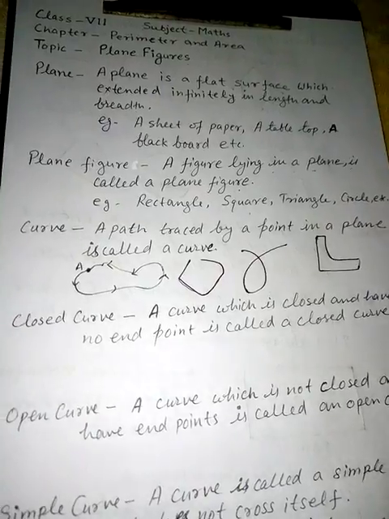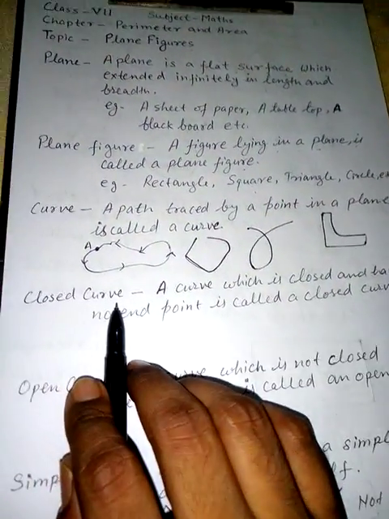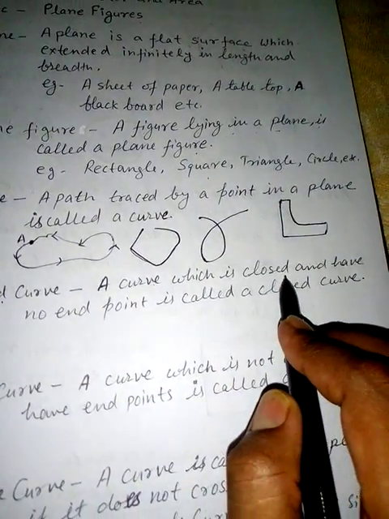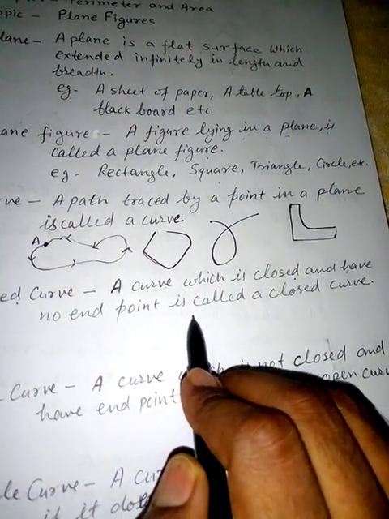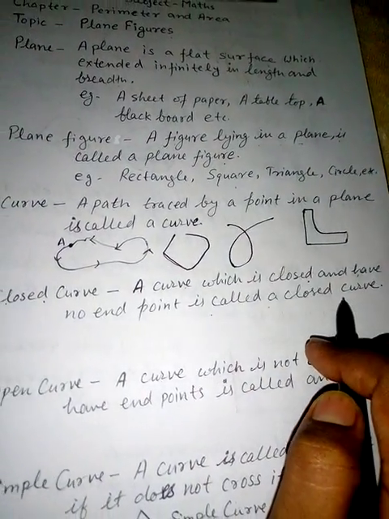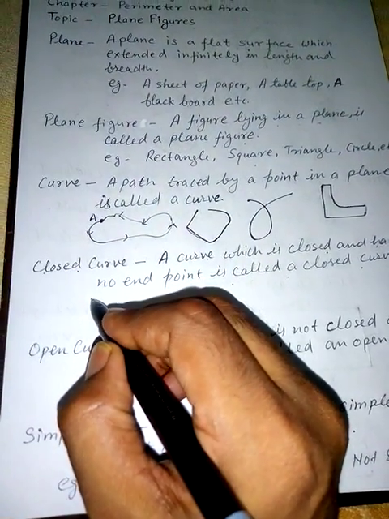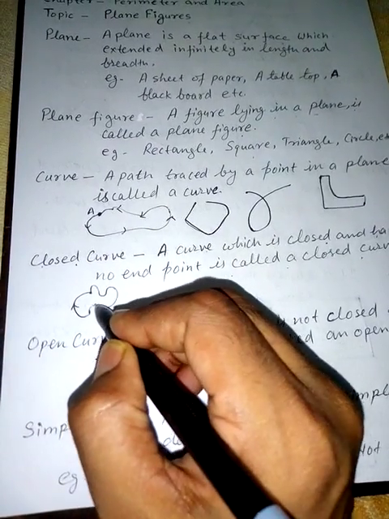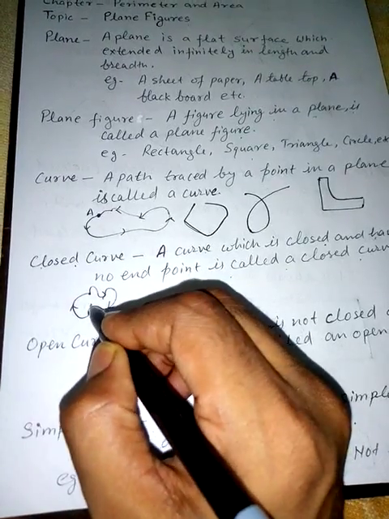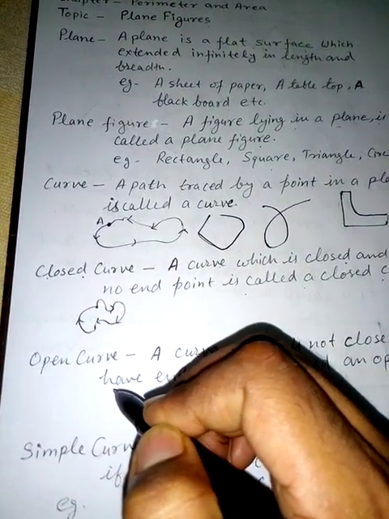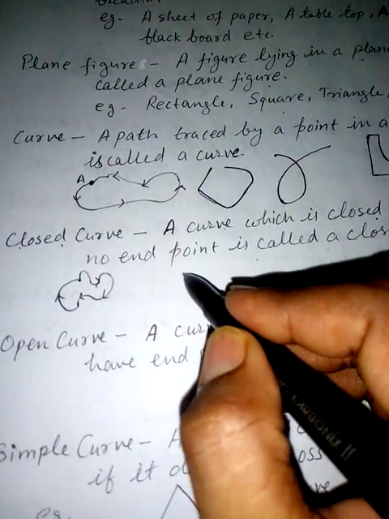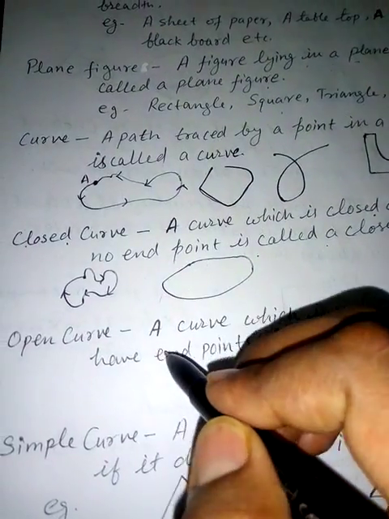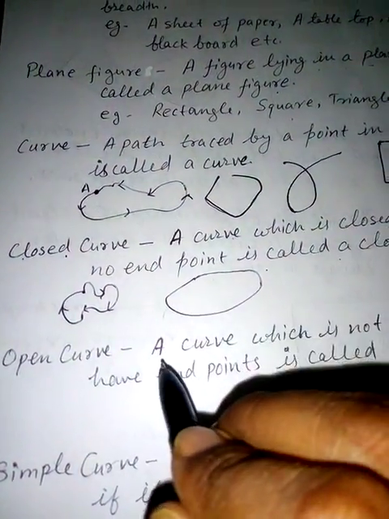Okay. Now we have to talk about closed curve. As the word says, closed, it means a curve which is closed and has no end point is called a closed curve. For example, this is a closed curve because there is not any end point. This is also a closed curve because there is not any end point.